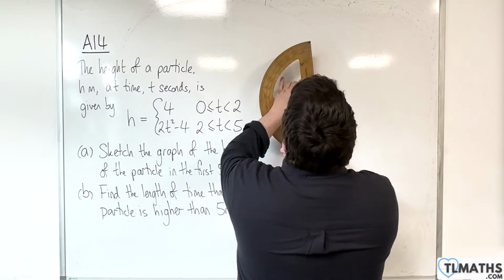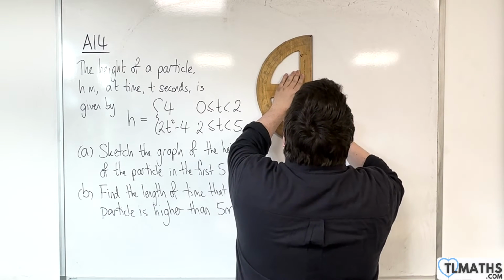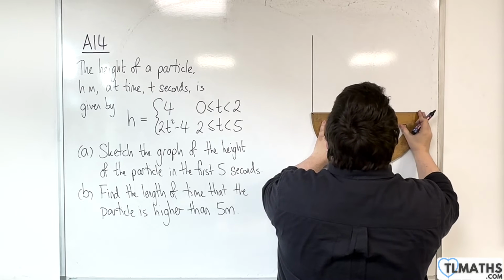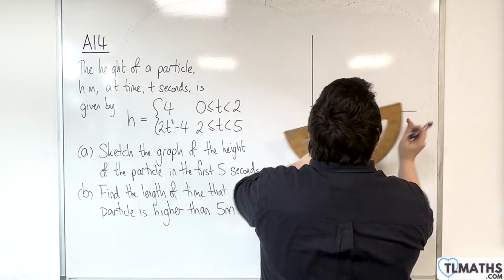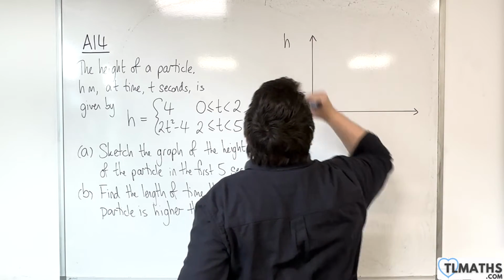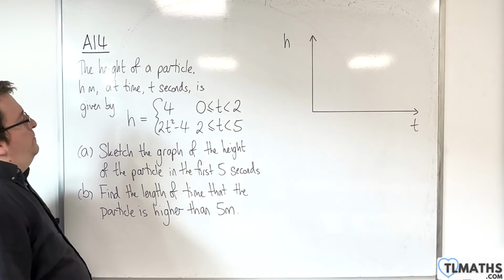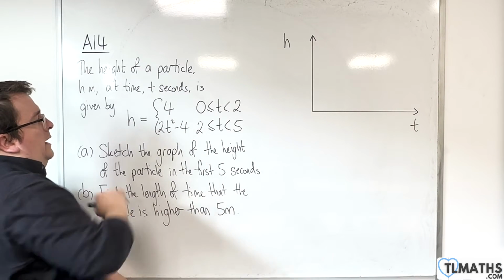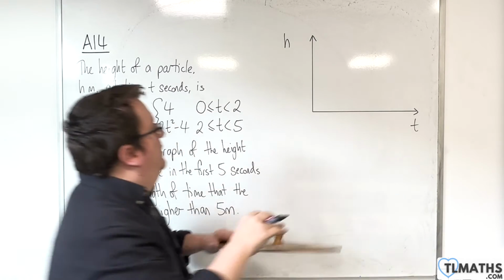So let's draw some axes, so we can visualize what's going on here. Okay, so we'll have this as h, and this is t. So we're starting off at 4 meters high for the first 2 seconds.